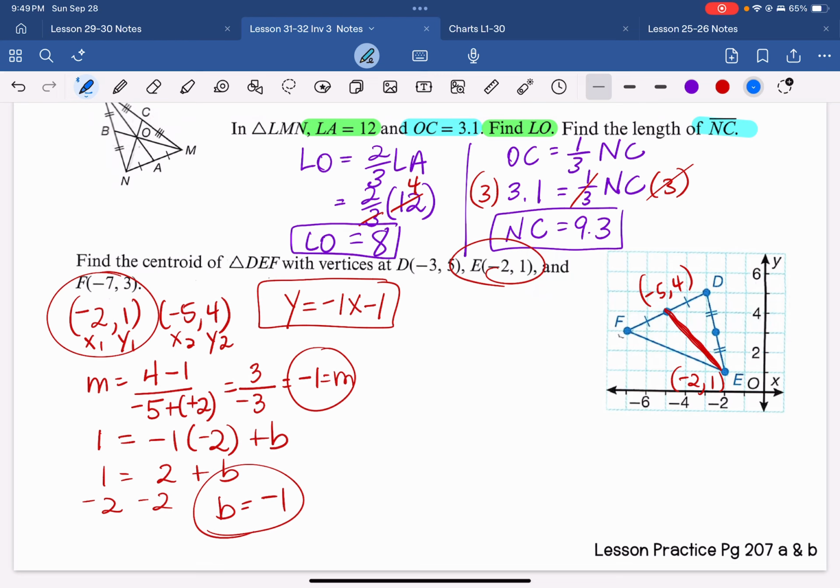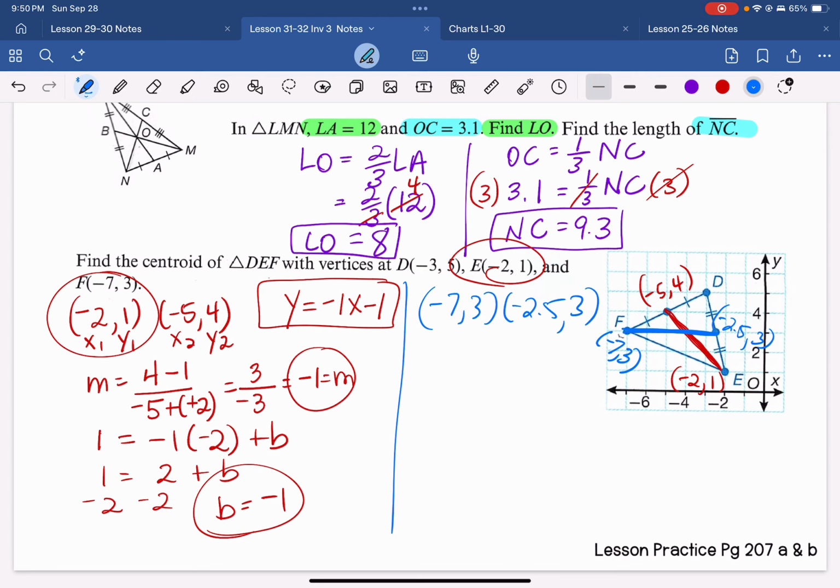We still have to do this one over here, which I'll do in blue. So we have F over here to its midpoint. Now F, we know, is negative 7, 3 from what the word problem told me. And for this midpoint over here, we can look down and tell that it is at negative 2.5, comma 3. So let me write that down. Negative 2.5, comma 3. So we have negative 7, 3 and negative 2.5, comma 3.